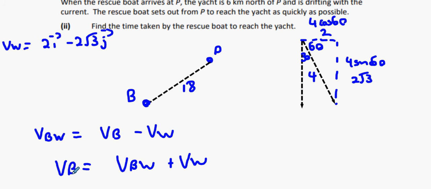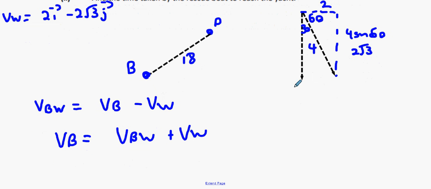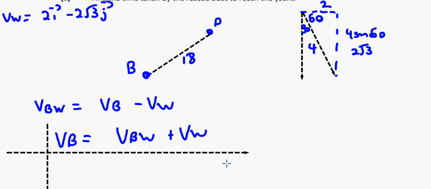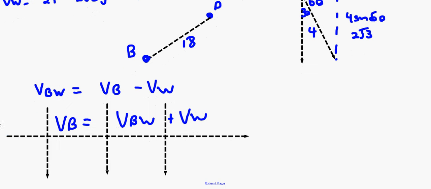Alright, and what we're going to say here is there is usually 6 pieces of information. You can work with 3 of them, but you usually need 4. Okay, and we're going to see how many pieces of information we have here. Okay, so magnitude and direction.